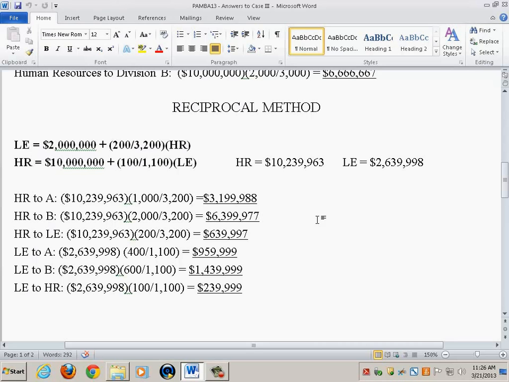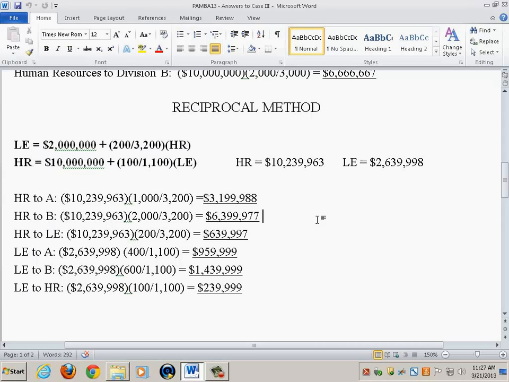The additional 239,963 is what it was allocated, the cost that it was allocated by legal. And that reflects the cost of the legal services that it consumed. So that's the rationale here. Good question. Any other questions?